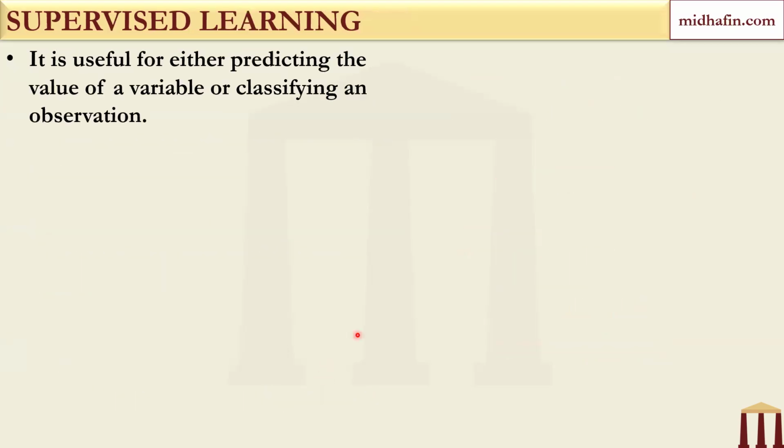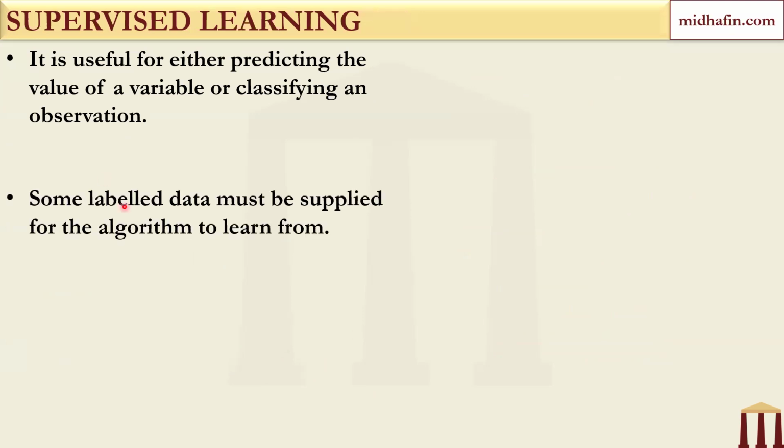Then we have supervised learning. Supervised learning is a type of machine learning where we train the model using labeled data. So inputs are paired with known outputs so that the algorithm will learn to predict the output from the input. You want to classify data into categories, classify the observations, or you want to predict a value, maybe regression.